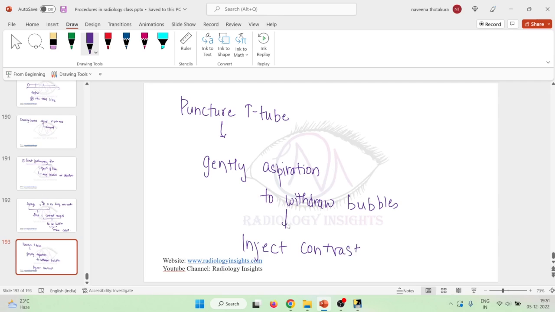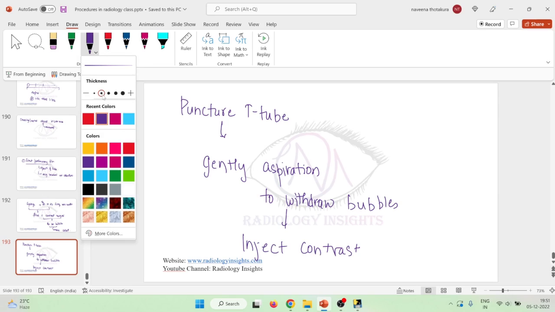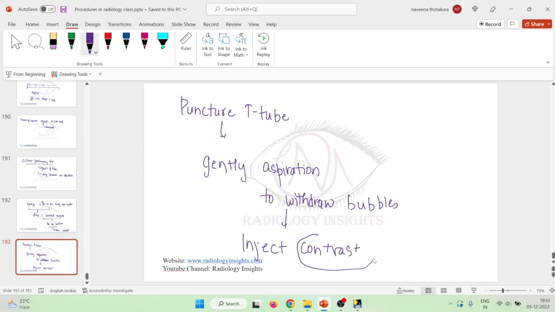Now, the contrast which is used here is actually a diluted contrast. Why? To make sure stones are visualized, so that stones are not obscured.